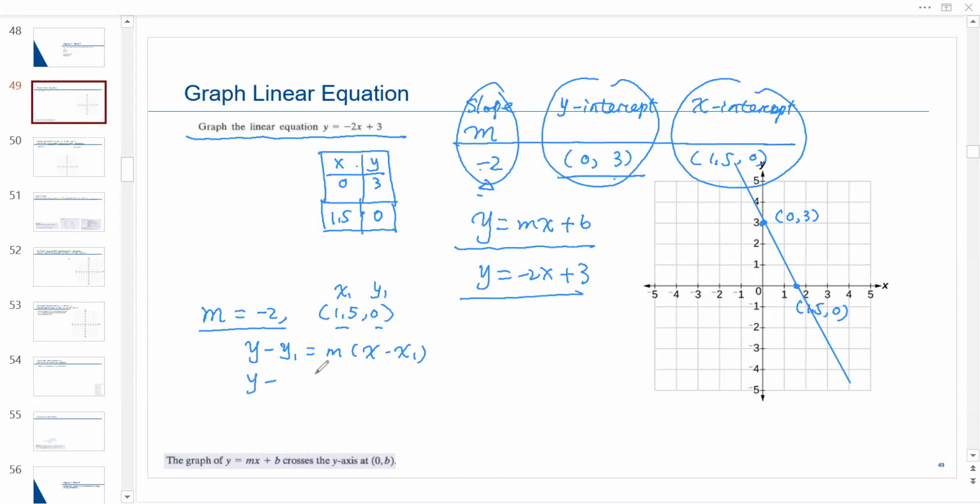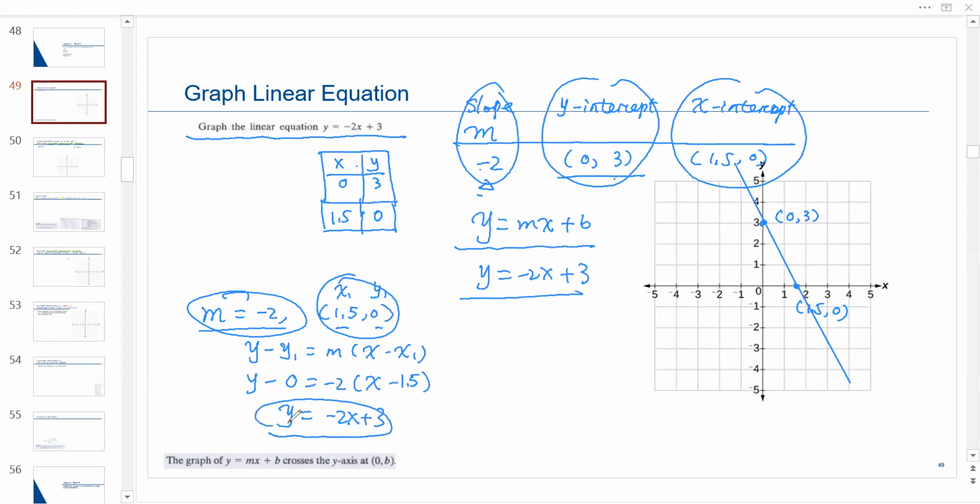So y minus 0 equals -2 times x minus 1.5, right? So the y part is -2x plus 3. Based on these two pieces of information, slope and this dot, you can get this as well. So this is the first one, which only told you the slope and y-intercept. The second one told you the slope and x-intercept. You can also get this one.